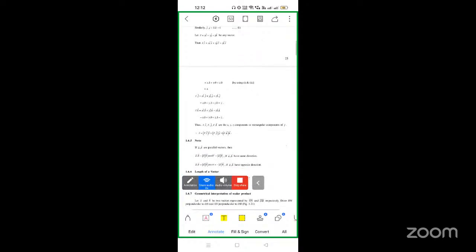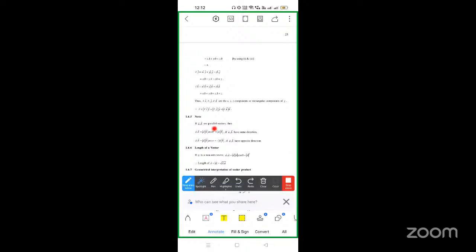Now, if A, B are parallel vectors, then the angle between the two vectors should be 0.